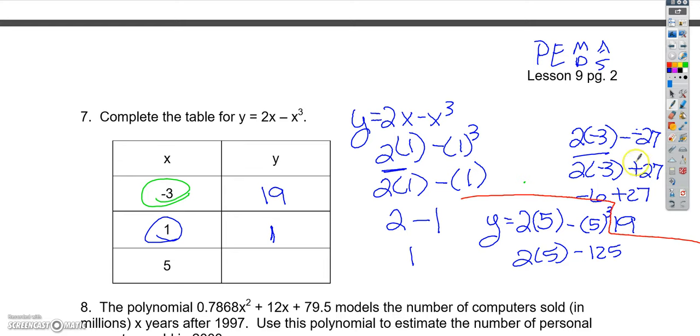And then multiply, divide, so multiply. And then add or subtract gives us negative 115. So when x equals 5, for this function, y would equal negative 115. Okay.